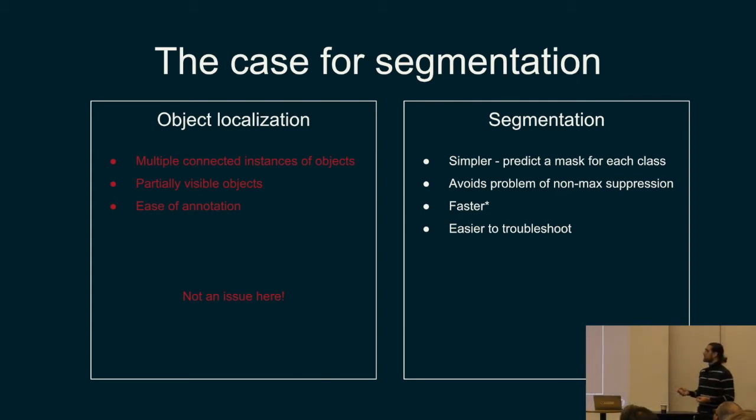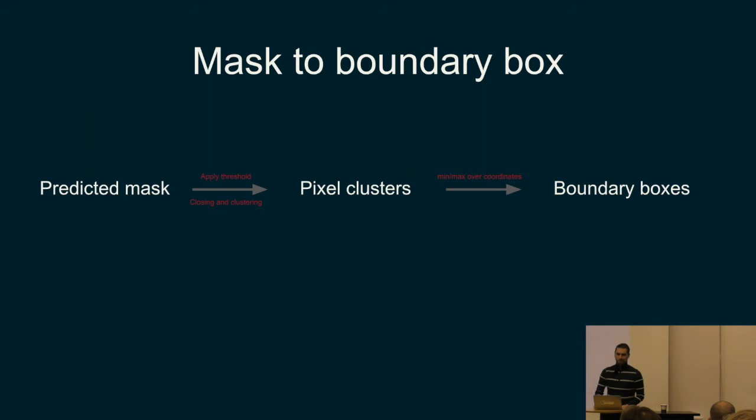And for the specific case of rectangles, going between the annotation for a bounding box, which is just a rectangle, and the segmentation object, which is the pixels, is very easy, which is not generally true. So it does add another step. Given the predicted mask, we need to figure out where is the actual box. But that's pretty easy to do. You basically find the pixel clusters, and then you just say, okay, what box do I need to actually enclose these pixels?